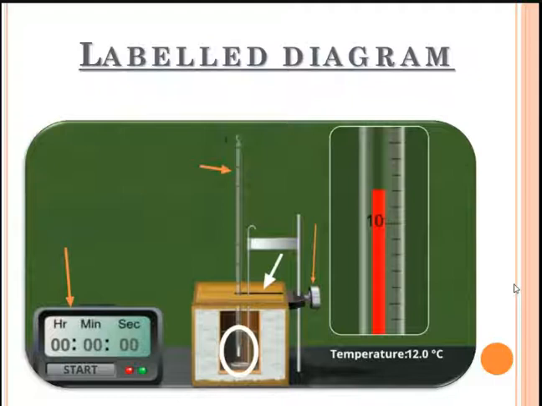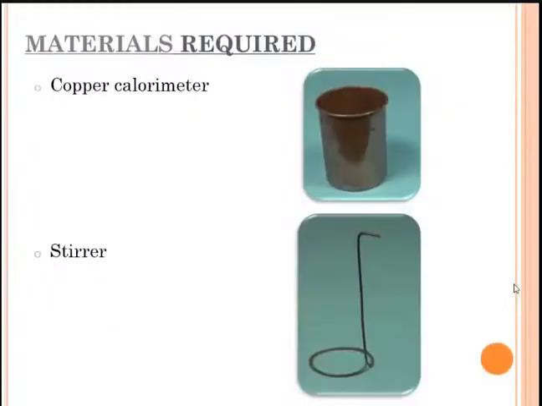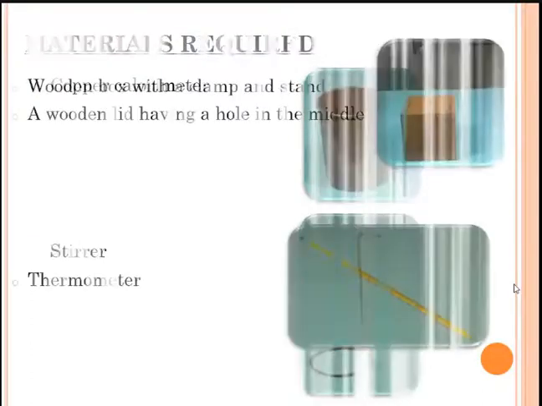Now I will tell you all the materials and apparatus required to perform this experiment. The first and most important component is a copper calorimeter, which is based on the calorimetric principle. Then we have a stirrer.